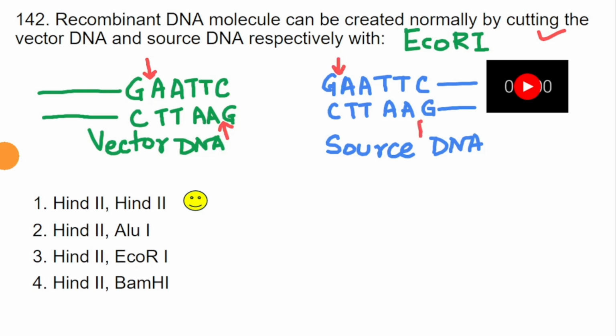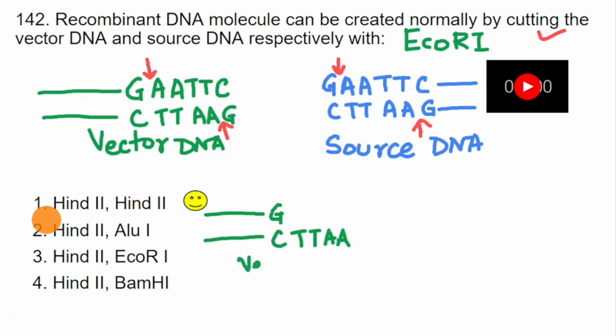After restriction endonuclease digestion, it will look something like this. Since this bond is broken, this strand will open up. So you will have only G, then C, and T, T, A, A. So vector DNA will have this overhang of TTAA.